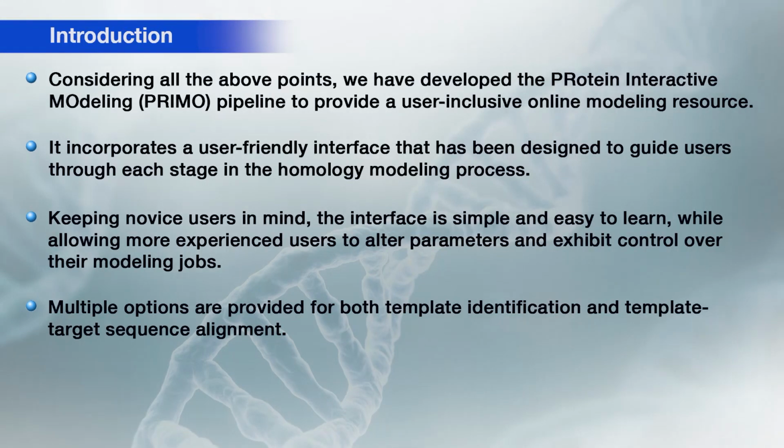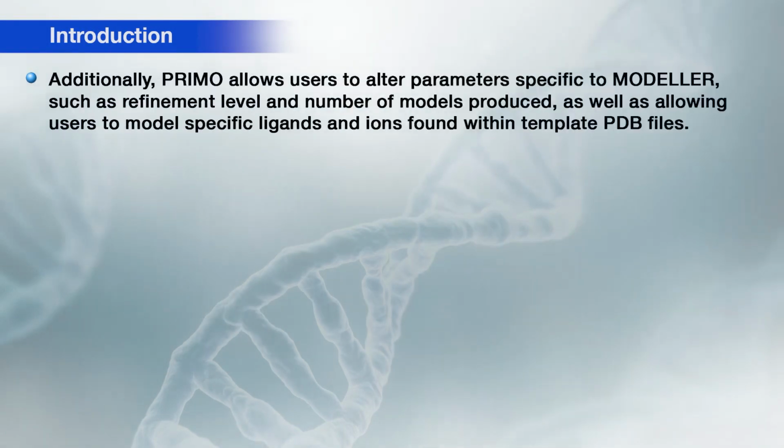Multiple options are provided for both template identification and template target sequence alignment. Additionally, PRIMO allows users to alter parameters specific to Modeler, such as refinement level and number of models produced, as well as allowing users to model specific ligands and ions found within the template PDB files.